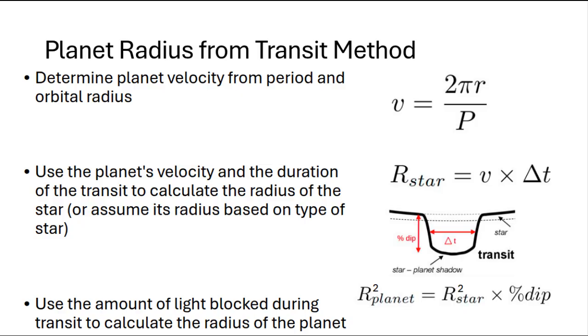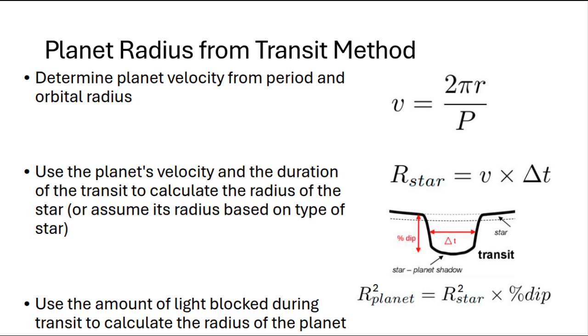or as we'll talk about when we learn about stars, using the spectra of a star, you can classify its type and basically just assume the radius of the star given its spectral features. But you can also do it just using the graph of the transit.